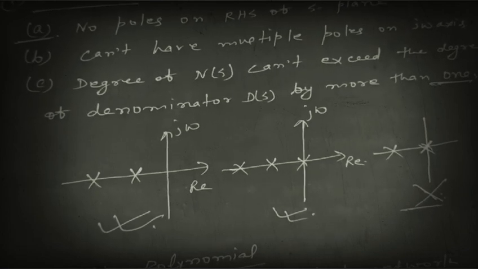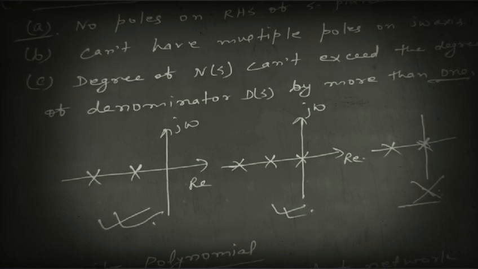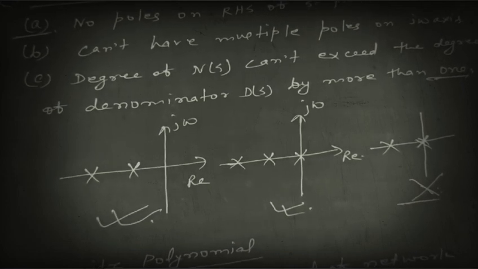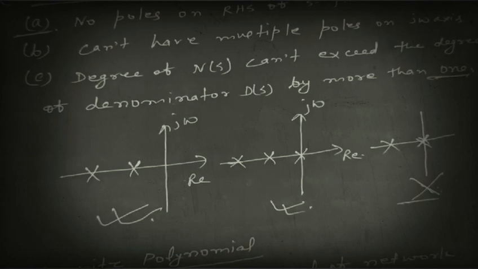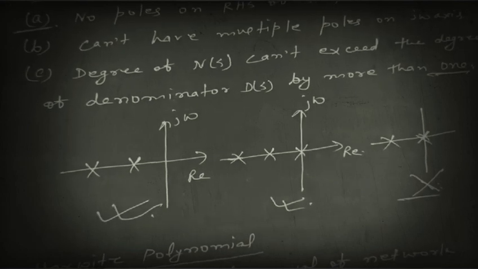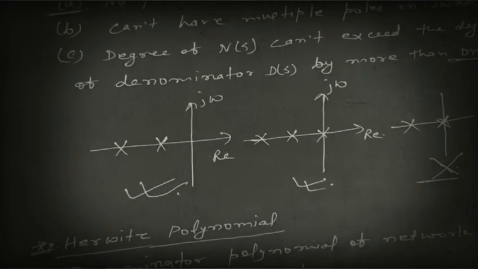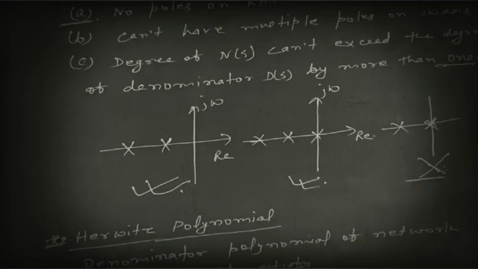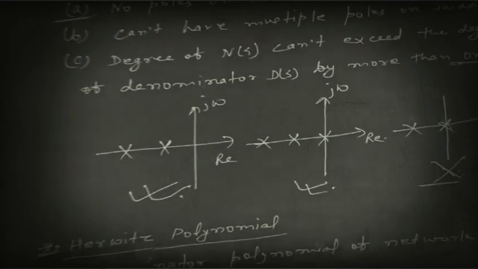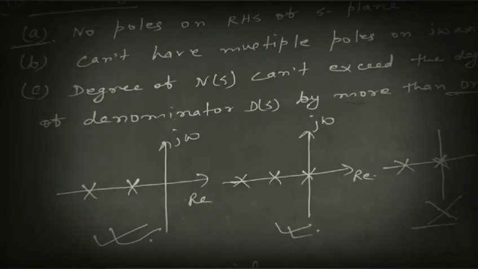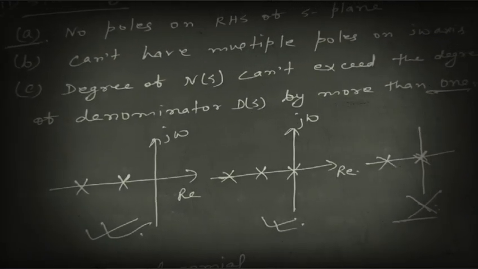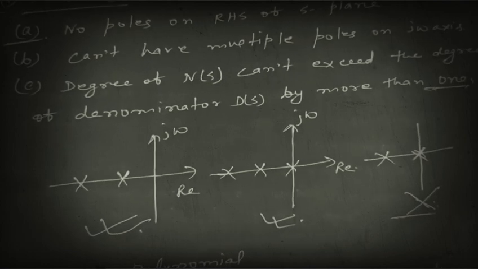It means we will have a total of 4 poles. 2 poles will be at j1 and 2 poles will be at minus j1. Or we cannot have a term like 1 by s square. If there is a term like 1 by s square, it means it has 2 roots, s equal to 0 and s equal to 0. That means we have multiple poles at the origin. So the system should not have multiple poles on the j omega axis.